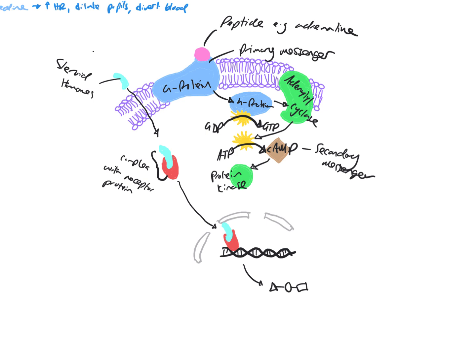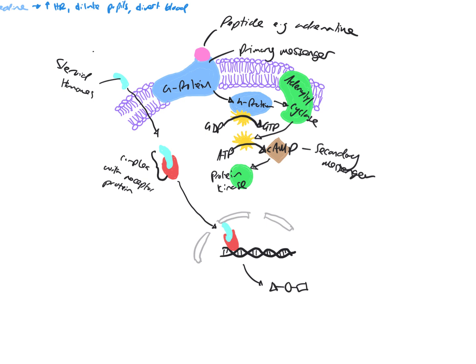Now, activated protein kinase phosphorylates other molecules, and in this particular case it's going to phosphorylate glycogen synthase and glycogen phosphorylase, and these are going to cause two different things here. So with phosphorylation of your glycogen synthase, it inactivates it, and what that does is it inactivates the synthesis of our glycogen, so glycogenesis.